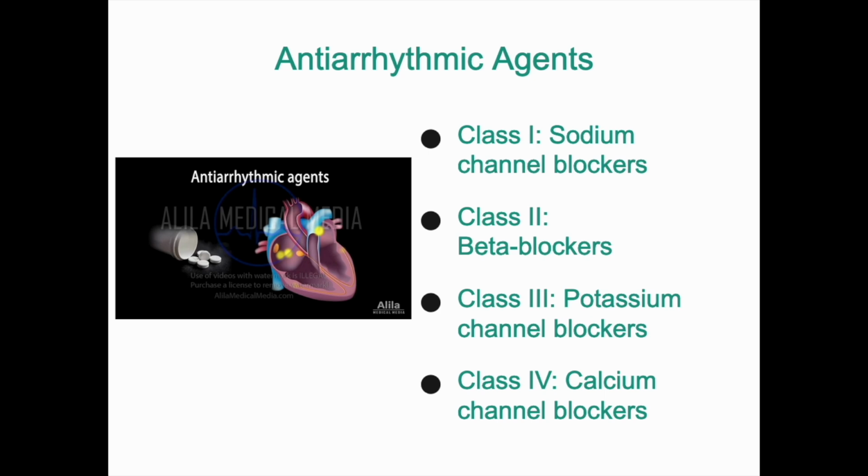Class 3, these drugs help stabilize the heart rhythm by prolonging the repolarization phase. And Class 4, these drugs relax blood vessels and reduce heart rate by blocking calcium entry into heart cells.